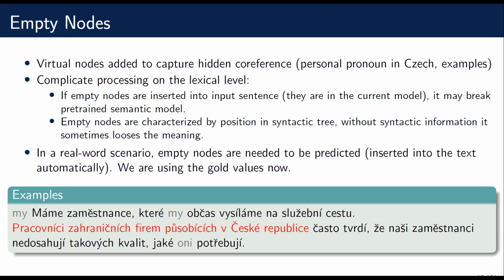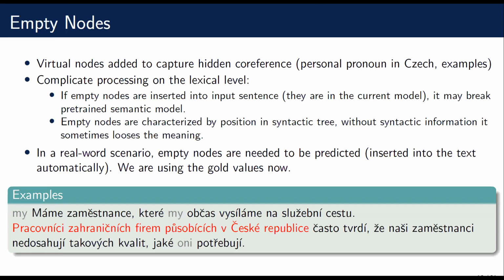Also, the problem is that currently in the evaluation task or in the data, these empty nodes are artificially added, but in real-world use cases, the model needs to predict these empty nodes somehow, because otherwise it cannot find the coreference relationship between these words.